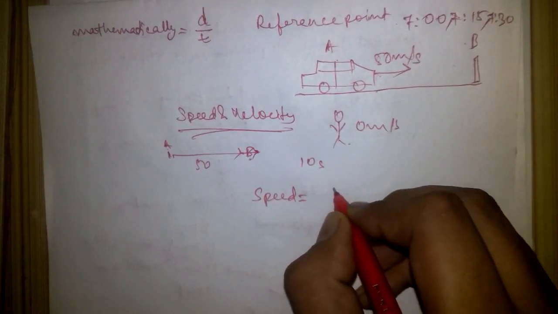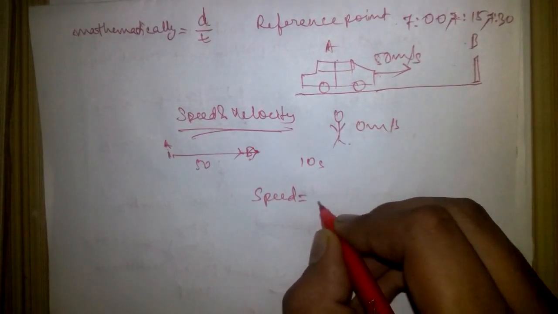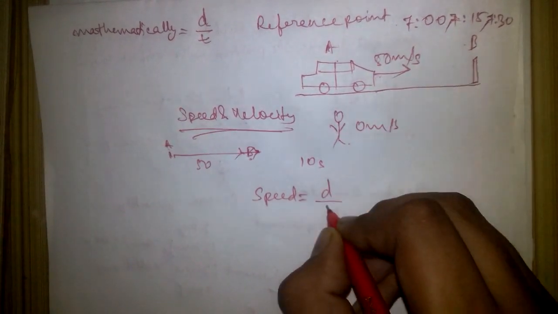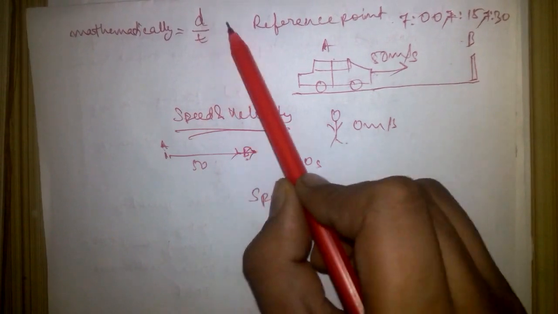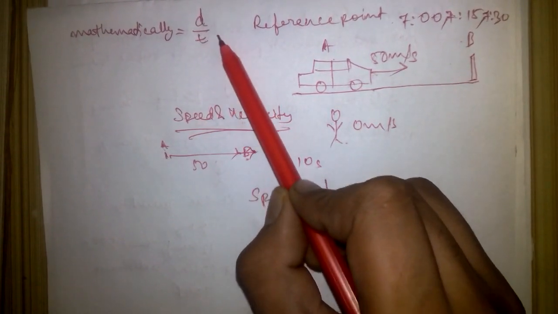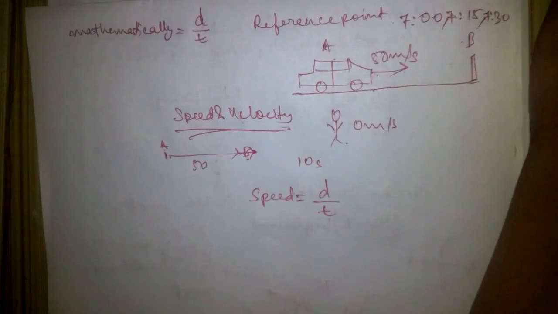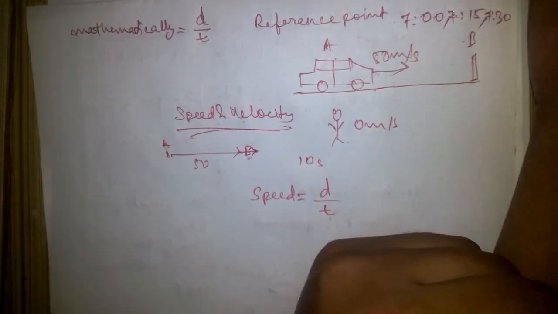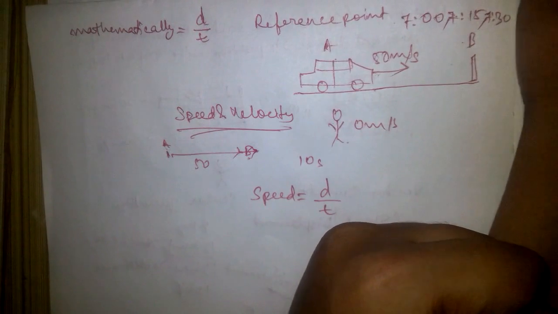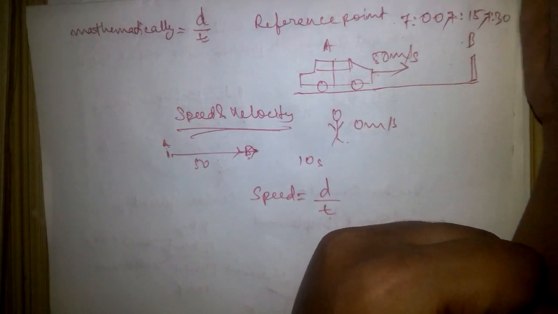Mathematically, speed is equal to the rate of change of distance, so d by t. This matches the definition of motion we have already heard, that an object is changing its position with respect to time.